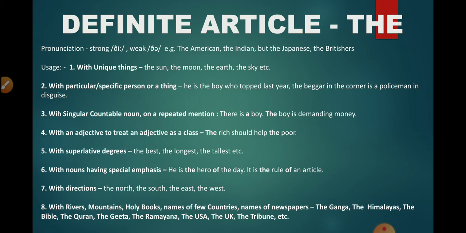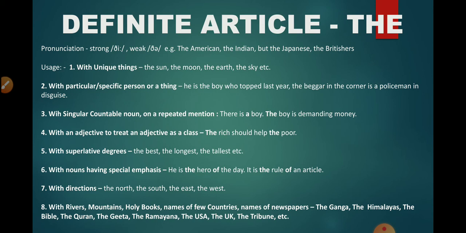And similarly the Indian, the American, but we must say thuh Japanese, thuh Britishers, because Japanese does not begin with a vowel sound, and Britishers too does not begin with a vowel sound. It begins with a consonant sound, and before a consonant sound the pronunciation of this definite article will be weak, and the weak pronunciation, thuh, will be used before words beginning with consonant sounds.